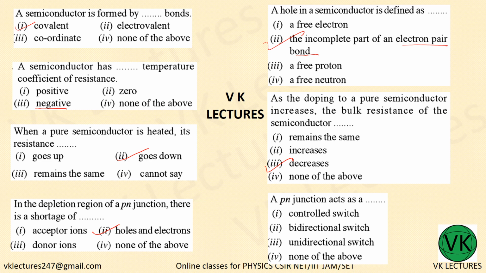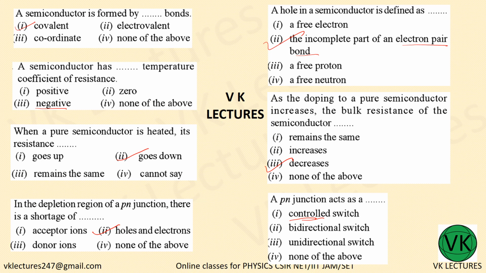PN junction acts as a controlled switch. Now, what do you mean by a controlled switch? When you give some condition to the switch, that is called a controlled switch. If it is like this, or if it is greater than, something like that, that is controlled. Now a bidirectional switch means in both ways it is a switch.